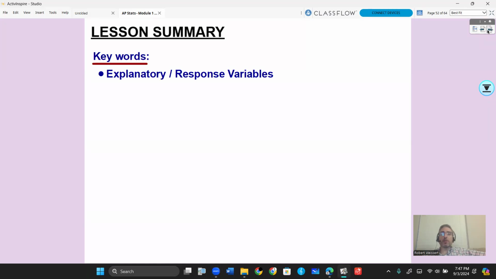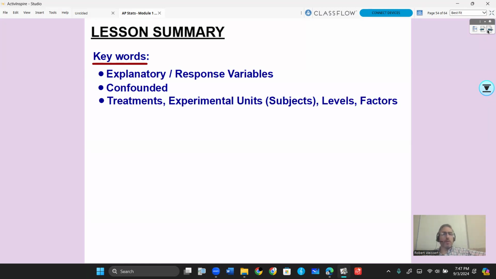We got explanatory versus response variables. Response is what you're measuring. Explanatory is what you can change. Confounded is when we have some sort of variables that might influence the response variable that are not accounted for. Treatments, experimental units, which oftentimes are subjects like people, levels, factors, how we can kind of split those up.